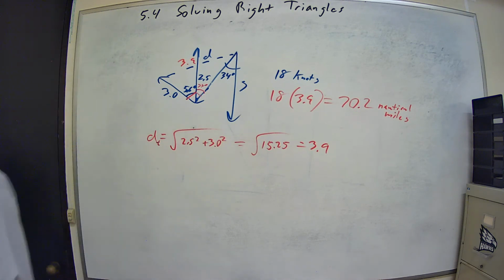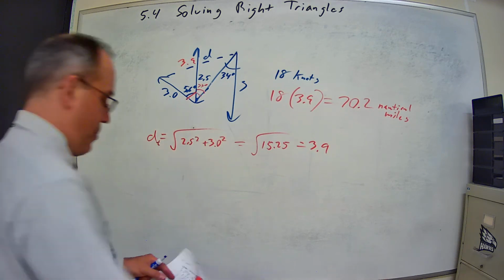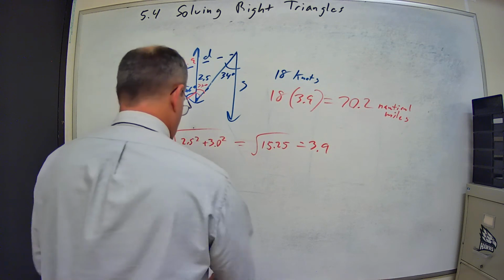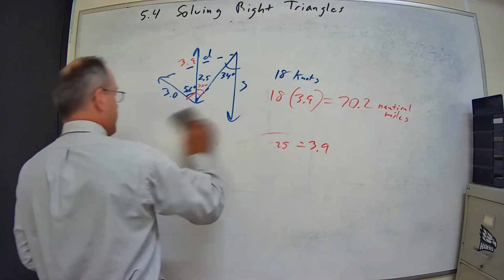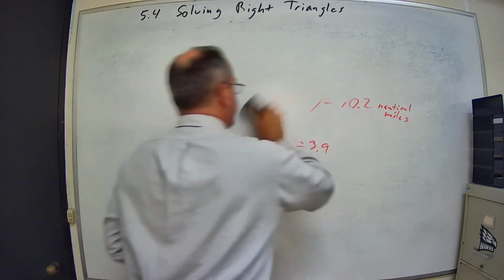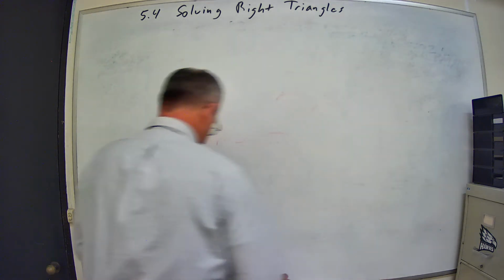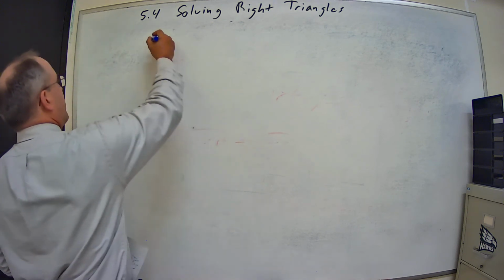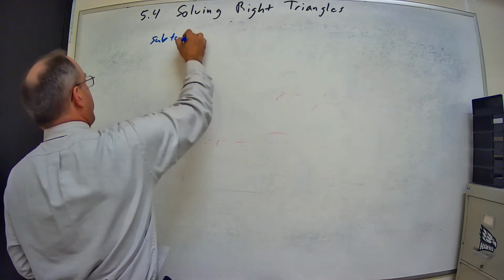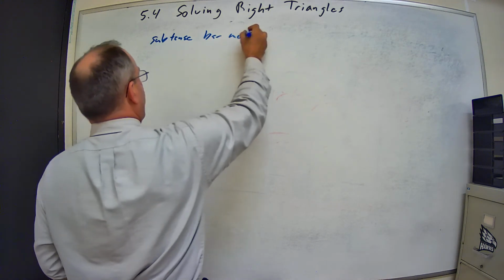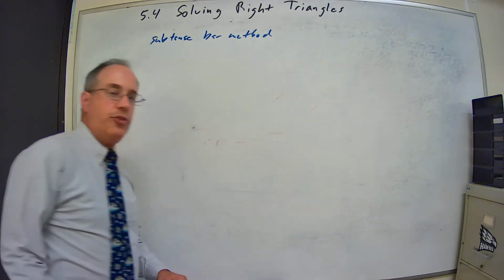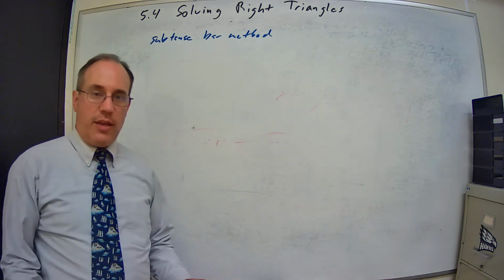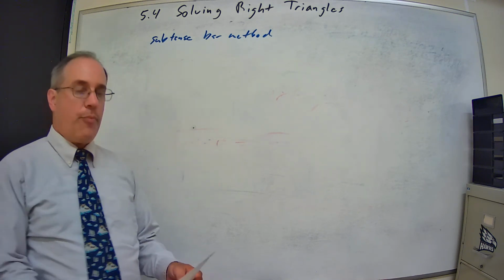Now one more example. Yet another application. Let me erase this board. So this is called the subtense bar method. It's used in surveying, where they're looking at something.